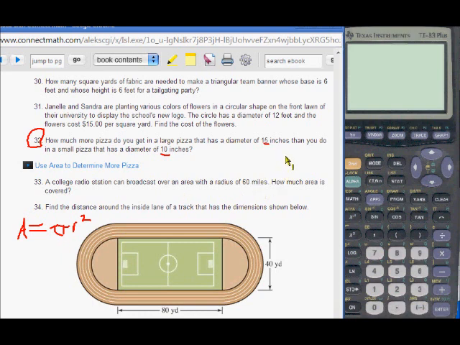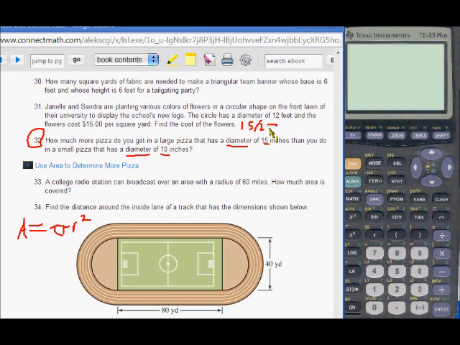Now what we're given here is diameter for both of these. So our formula has R for radius. So what we need to do is to take this 15 and divide it by 2 to get the radius. So we can just put it in our formula.